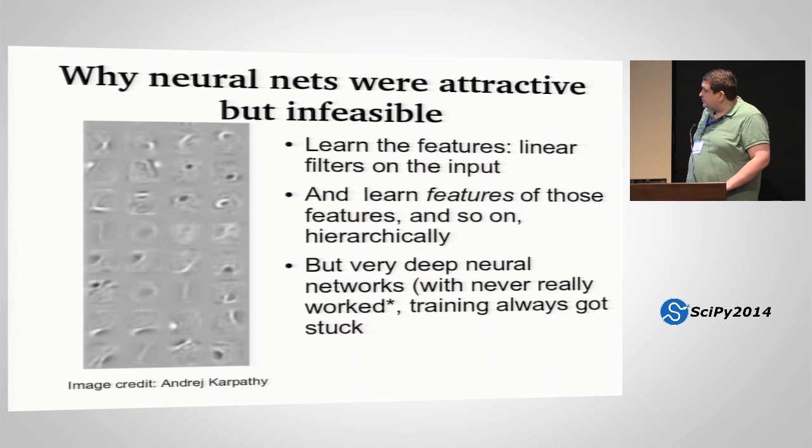Learning features, and especially learning hierarchies of features, seemed like a pipe dream that was too good to be true. Because very deep neural networks never really worked, with a couple of exceptions, convolutional nets being one. Training seemed to always get stuck.